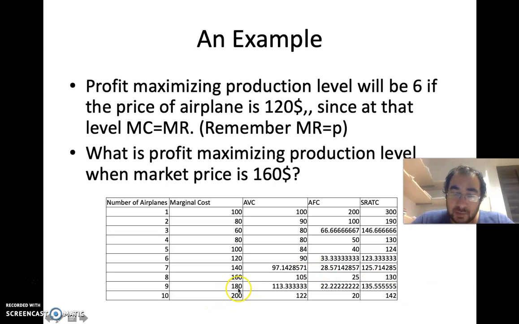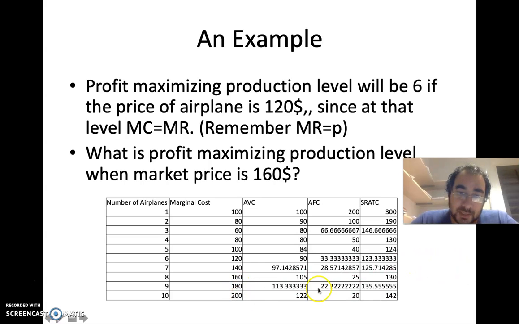At 10, the revenue and cost are equal to each other, so 9 will not bring any revenue or cost, and the 8 will bring 20 units of revenue, since the cost is 160.